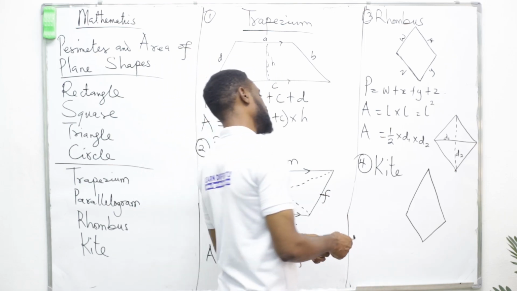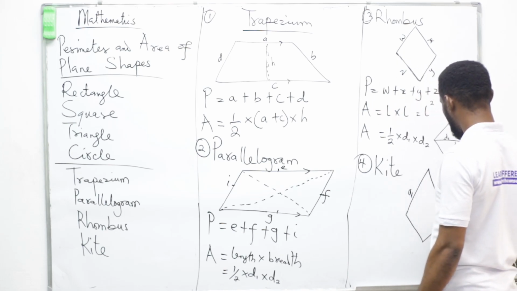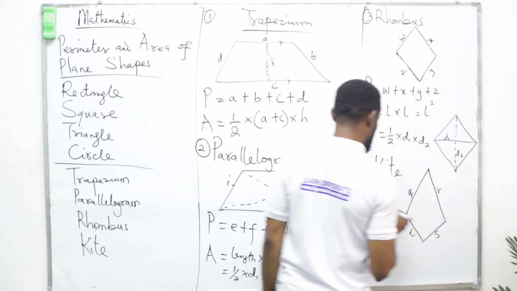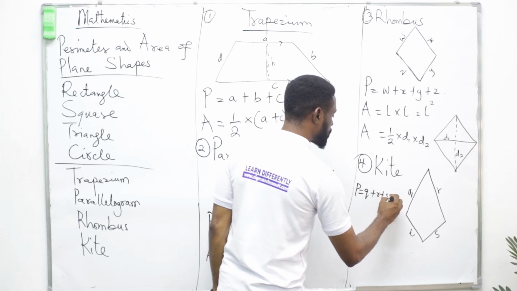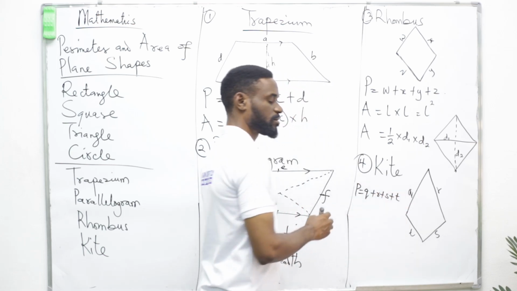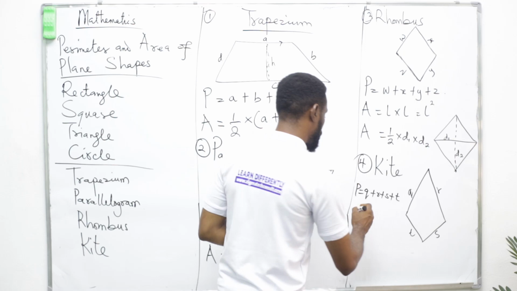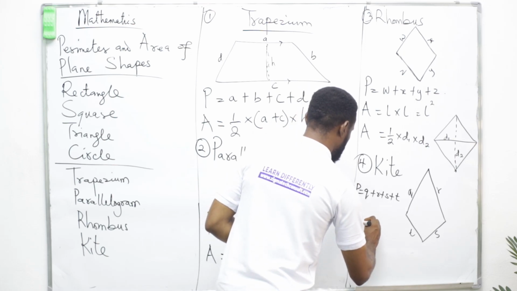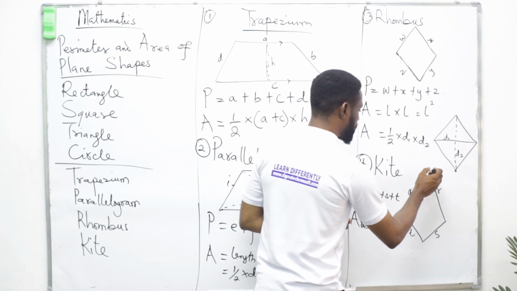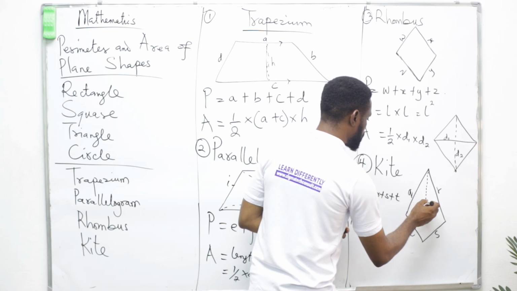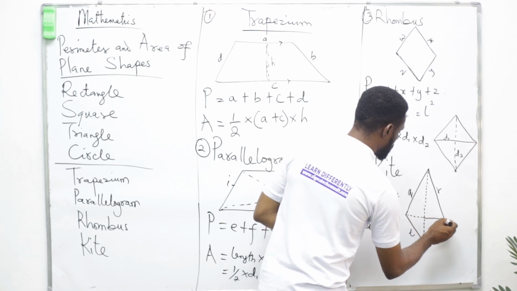So for kite, of course, again, if this is Q, R, S, T, that means that P, which is our perimeter, is Q plus R plus S plus T. Okay? Why for the area, of course, area is equal to, this is the diagonal, this is, let's say, another diagonal.